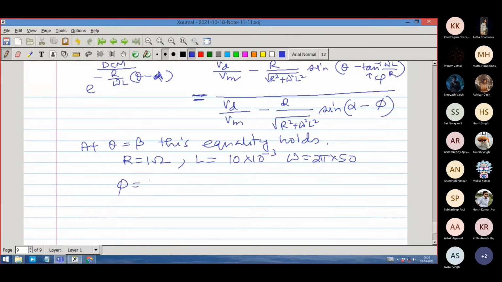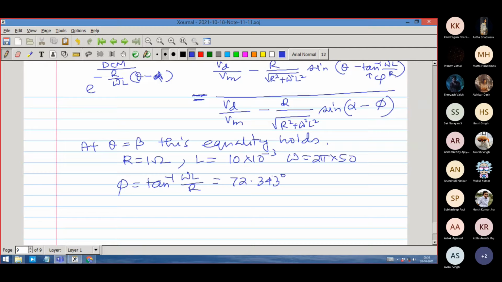Phi is equal to tan inverse omega L by R. I have calculated that to be 72.343 degrees.